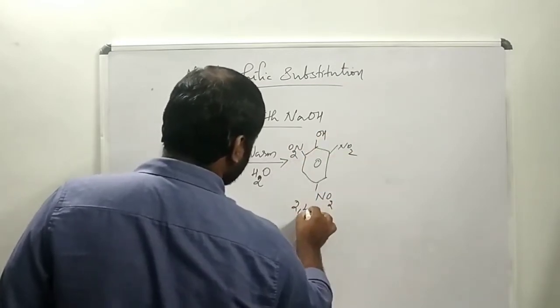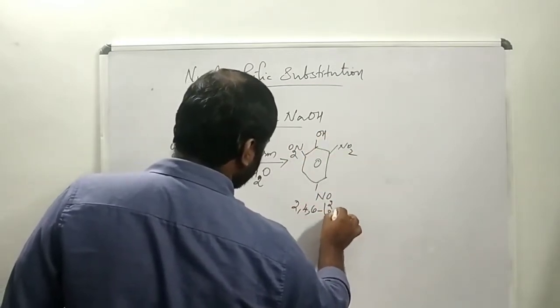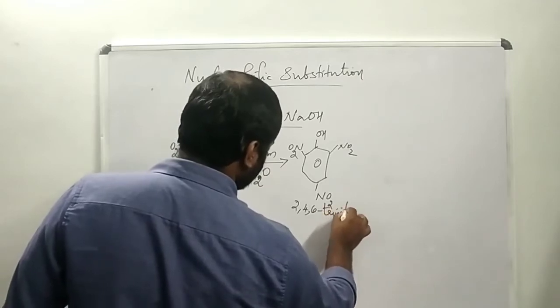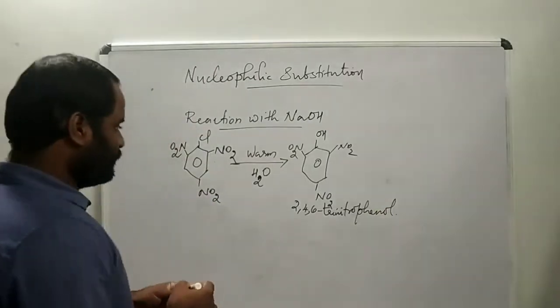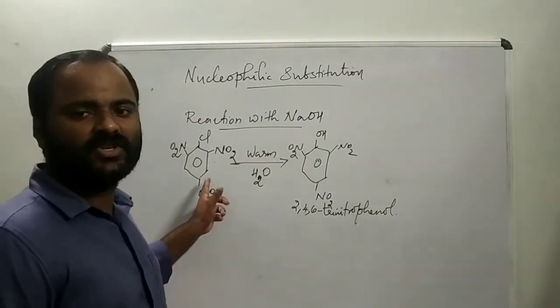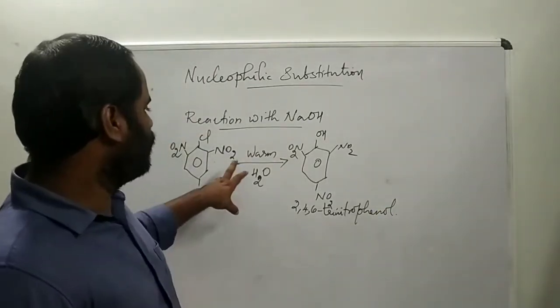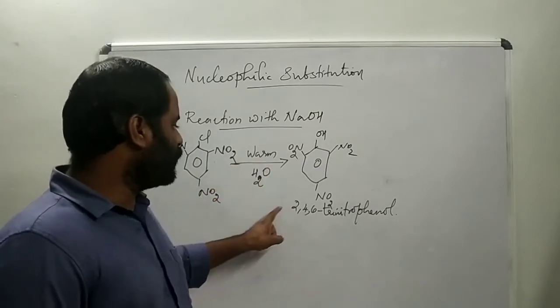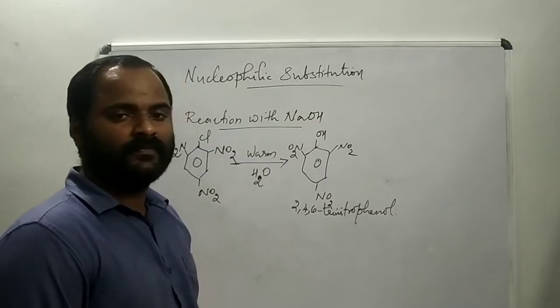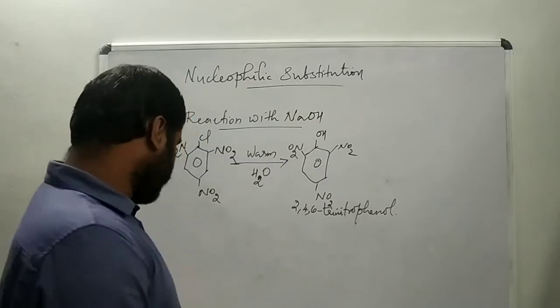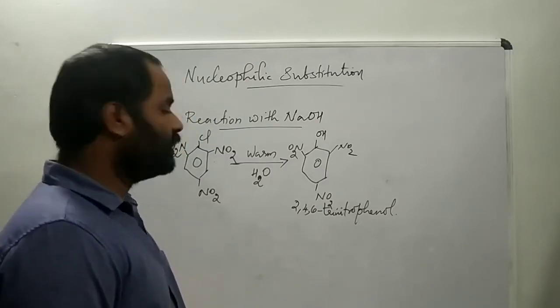This is the compound obtained. That means when 2,4,6-trinitrochlorobenzene reacts with warm water, you are getting 2,4,6-trinitrophenol. These are all about the nucleophilic substitution reaction.